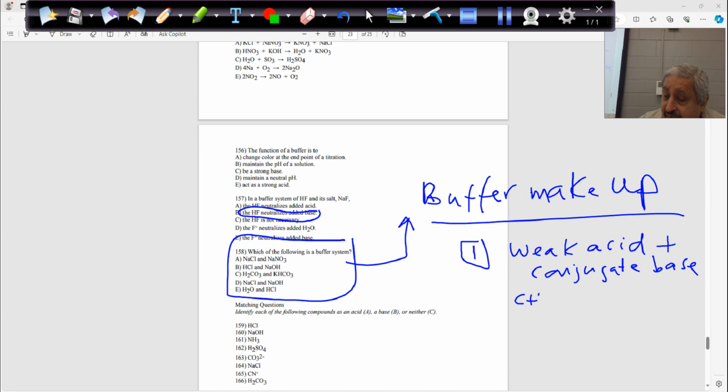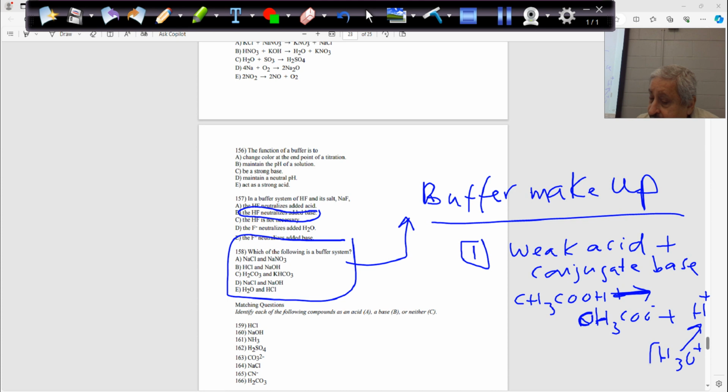Like I have acetic acid, the vinegar, plus sodium acetate, which dissociates to give you sodium, CH3COO minus, plus H plus. Of course, this one does not exist; this is the hydronium ion. This is one way. So what you will do is add this to this, sometimes at the same molarity.